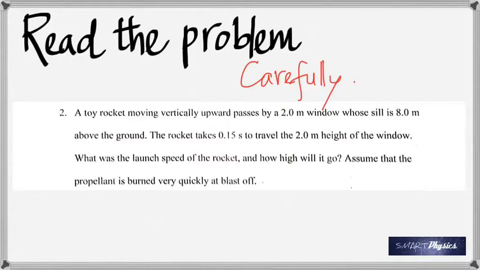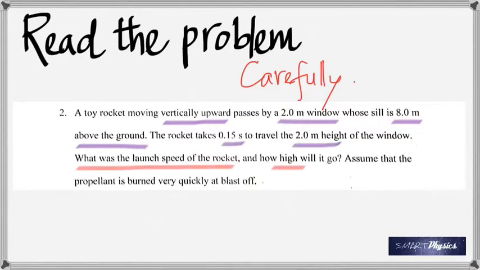Now, if you look at the important points in this question, you would find that it's moving vertically up. That's very important. The height of the window is 2 meters, but the bottom of the window is 8 meters above the ground. Rocket takes 0.15 seconds just to travel the 2-meter part of the window, and you have to find the launch speed, how high it will go.